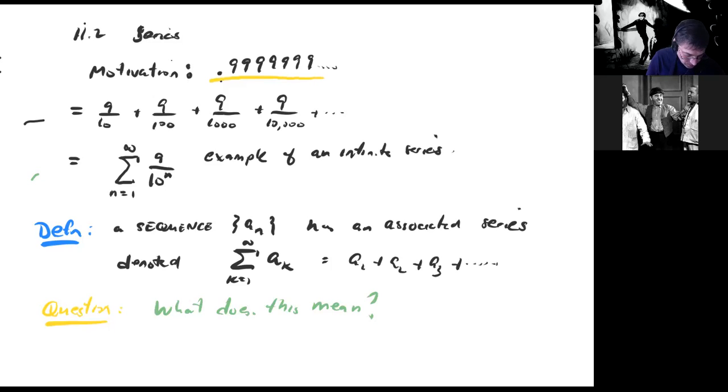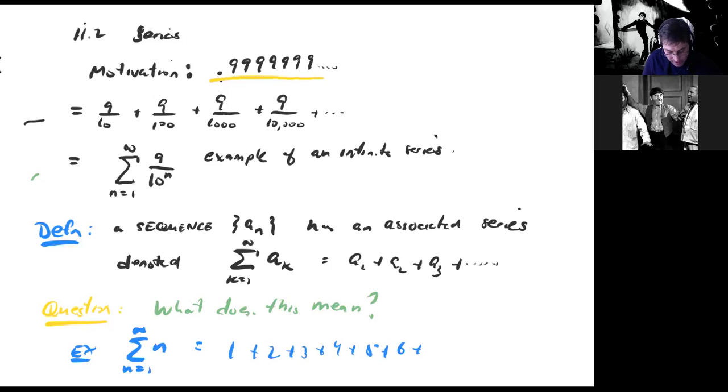For example, we might take the summation n goes from 1 to infinity, and that would be 1 plus 2 plus 3 plus 4 plus 5 plus 6. When we keep adding, we get a number that's getting bigger and bigger. It becomes unbounded. It goes to infinity. So this doesn't make sense as a real number. So I want to make sense of that, and the way we do that, we'll see right now.